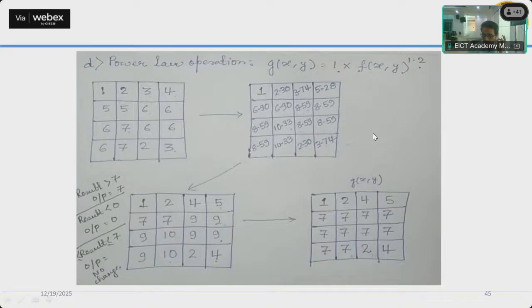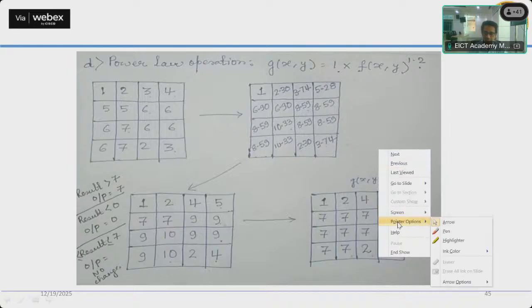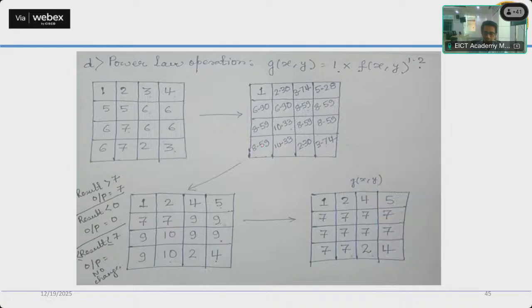I hope I'm not going very quickly. It is the same problem. Again, you see here, this is 8.59. What will it do? What will be the complete value? This is 9.